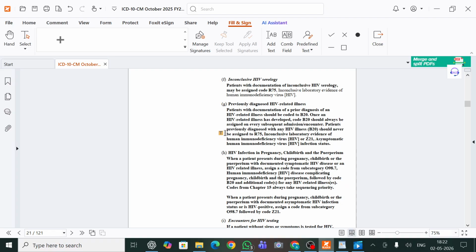Previously the patient had AIDS, but at today's encounter the patient comes for the HIV. In that case we will code B20 only, because the patient is already suffering from the AIDS disease and it's a lifetime condition. That's why we will code only B20 here.